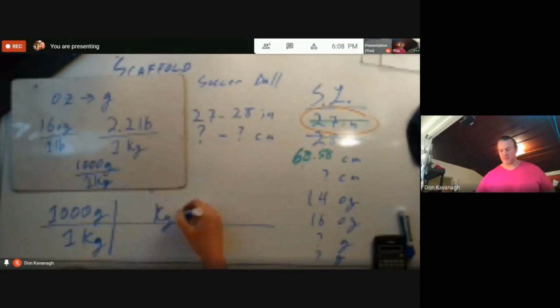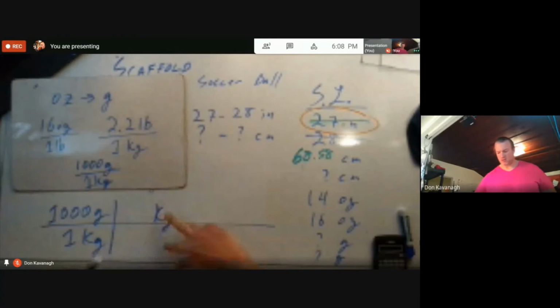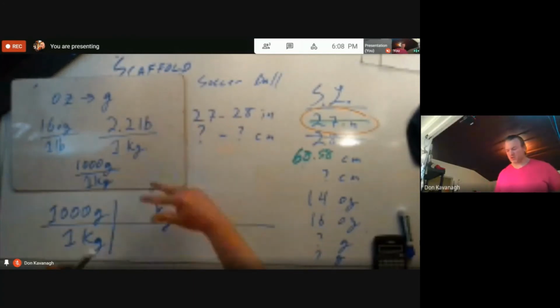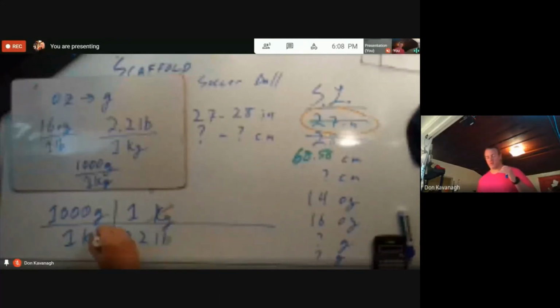So I need to flip this when I write it in my scaffold, so that kilograms is on top and whatever is left over is on the bottom. Making this cancel is key. That is a hint, your Hansel and Gretel breadcrumbs, that you're on the right track.